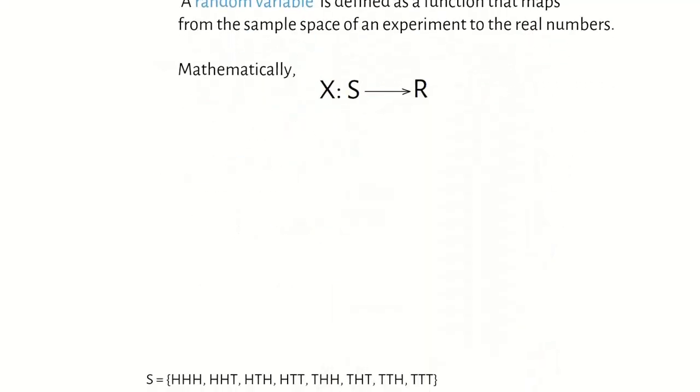R is the set of real numbers. So we have a function X, and it will take its values in the sample space. Its domain of definition is included in the sample space, and its image will be included in the set of real numbers.